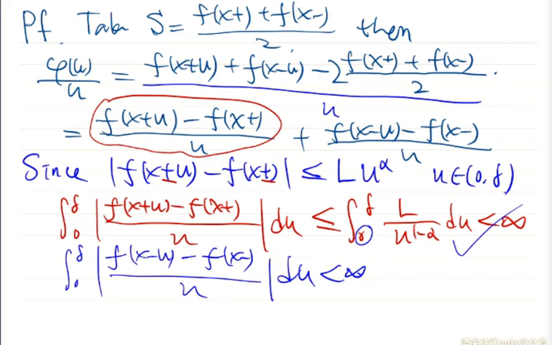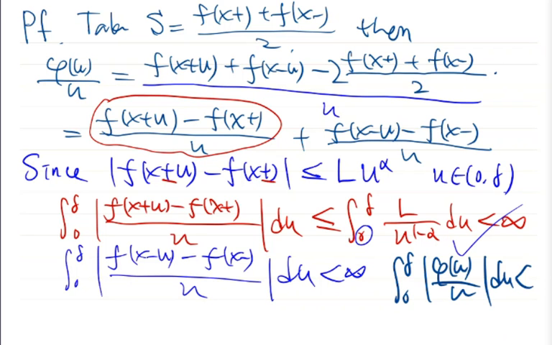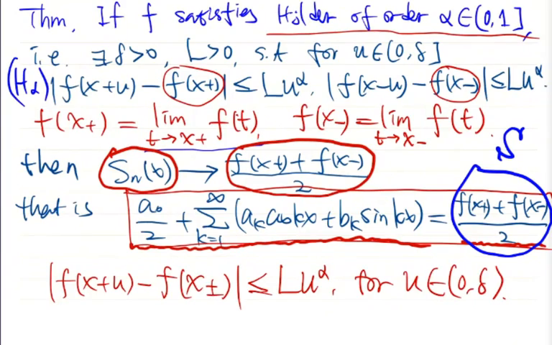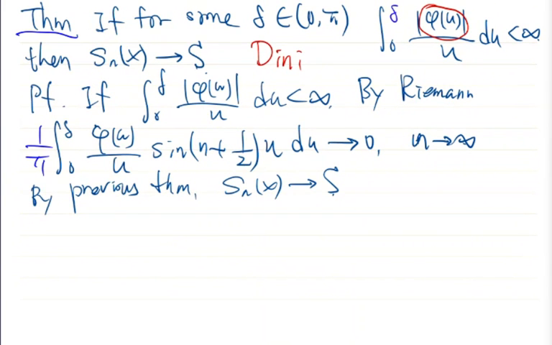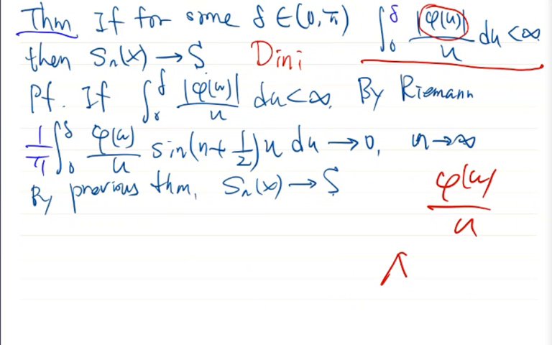Therefore, we conclude that the integral of phi u over u du converges. Now this theorem tells us that if the integral of phi over u is finite, in other words, phi over u is absolutely integrable, then s_n(x) goes to s.